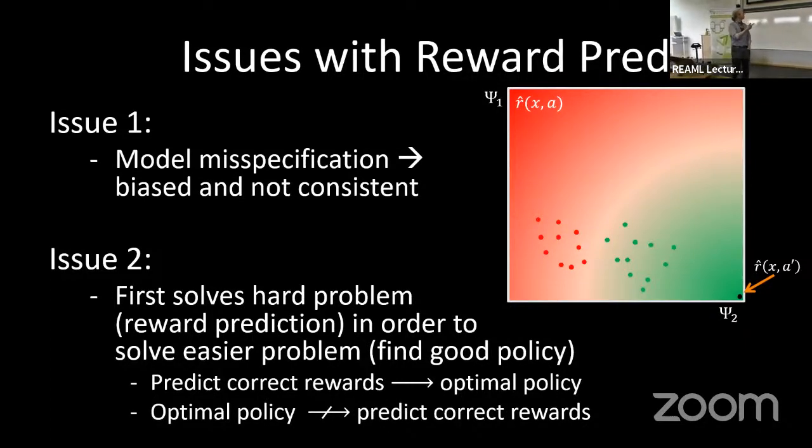That's kind of what we're doing here, because if we have the rewards, we can read off the optimal policy, but the optimal policy is actually a simpler function than the predicted rewards. We just need to pick the right action. We don't need to cardinally predict the value of that action. So can we avoid this model misspecification problem and directly learn policies?